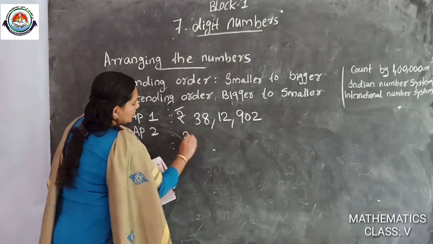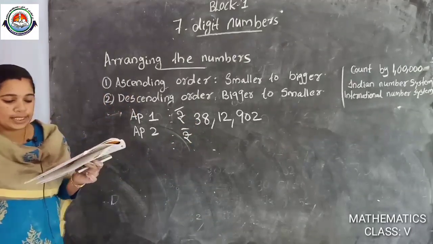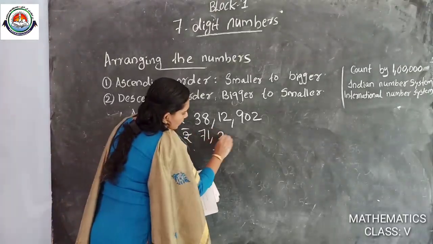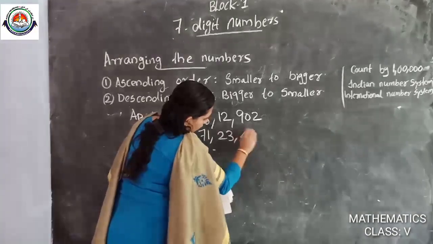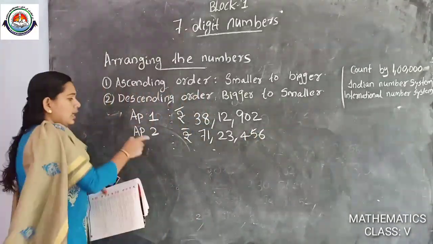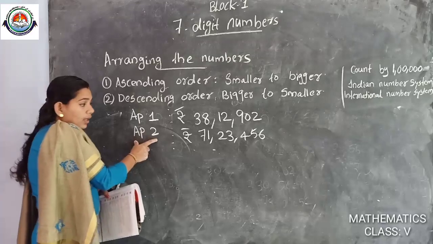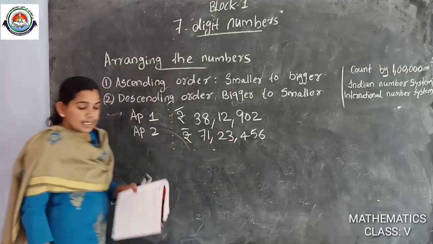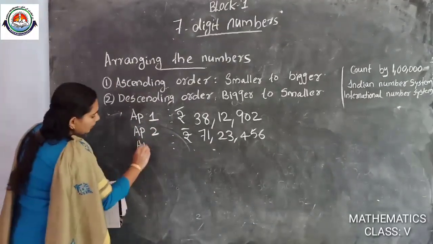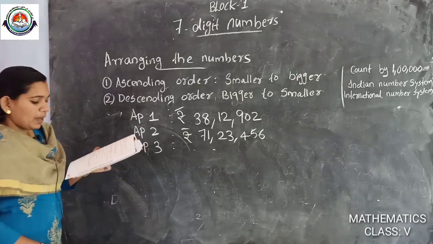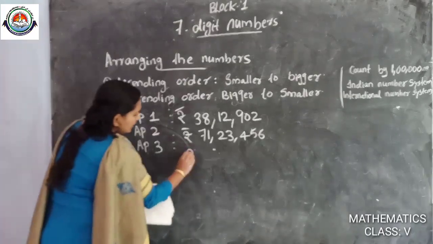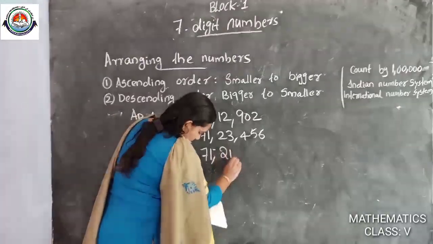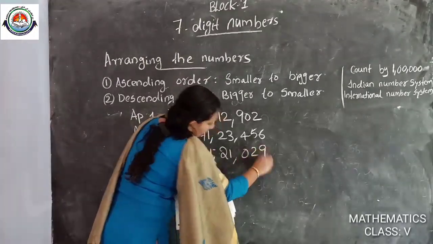Apartment 2 is rupees 71 lakh 23,456. The cost of apartment 2 is 71 lakh 23,456. Apartment 3 is rupees 71 lakh 21,029.